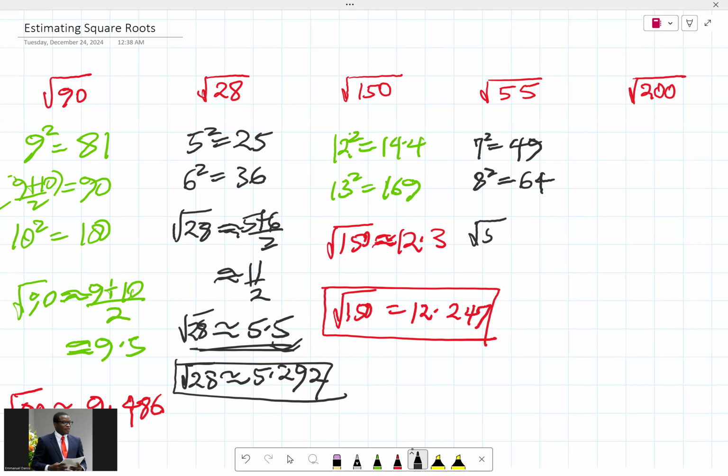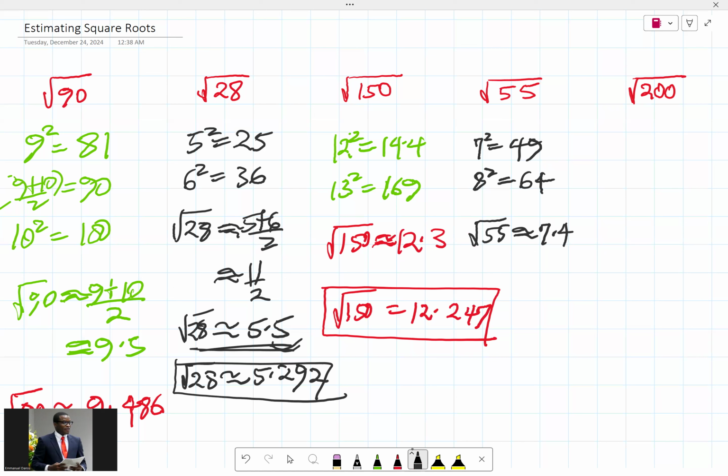So my estimation for the square root of 55, instead of 7.5: again, 49 is just 6 away from 55, but 64 is 9 away, so it should be something very close to 7.5. So I can estimate it to be maybe 7.4. Let me just say 7.4. But the actual thing, if you punch your calculator, oh, interesting.